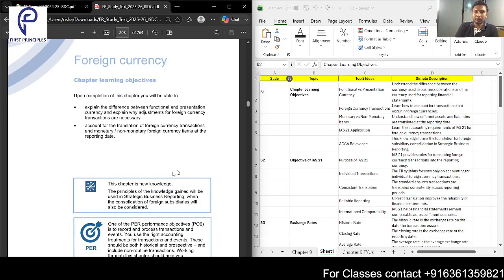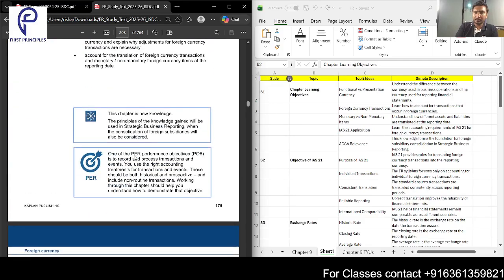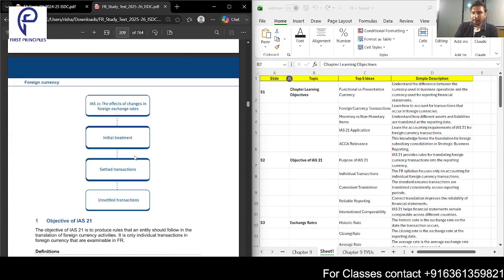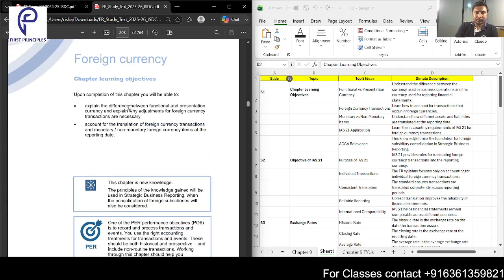Okay, so first we look into the chapter's learning objectives here. There'll be multiple things that we'll look into when we're studying: the difference between functional currency and presentation currency. We'll understand the difference. There's nothing here for you to learn. It's just being thorough with the summarization.